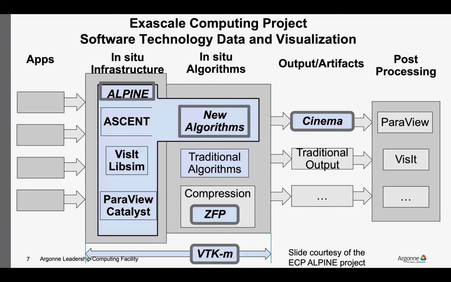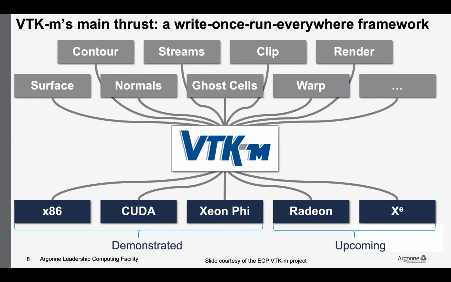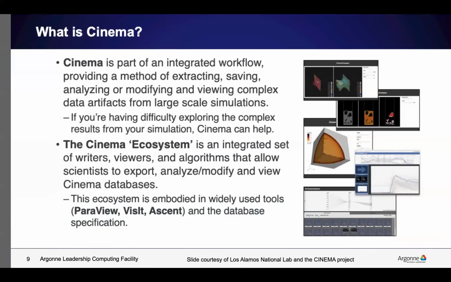It also includes Cinema to create output and artifacts, and underlying it, there's VTK-m for implementation of all the algorithms. I should also say that Sensei is now part of the ECP Data and Viz SDK. So everything converges. And here's a quick slide about VTK that I'm going to skip. You will have it because I'm running out of time.